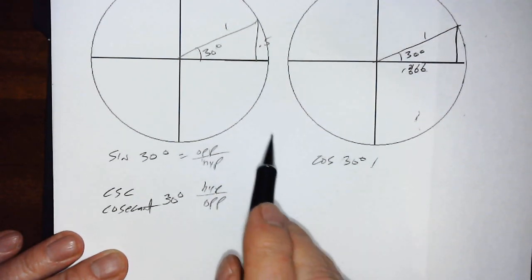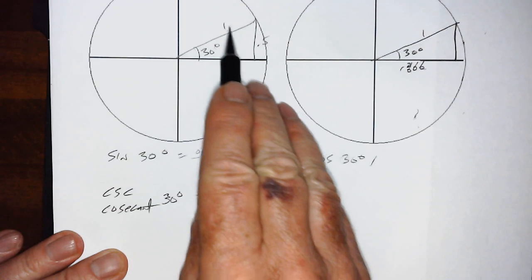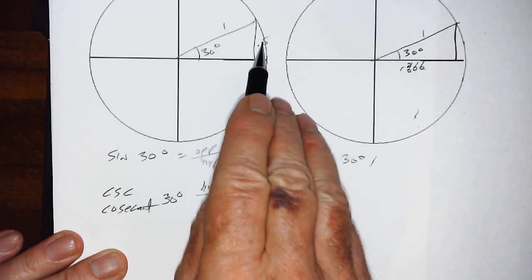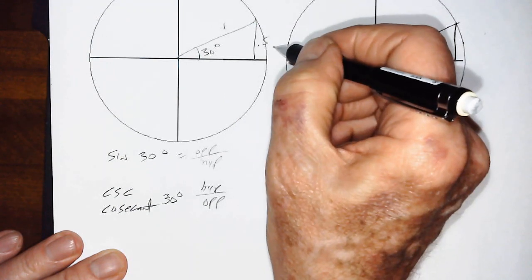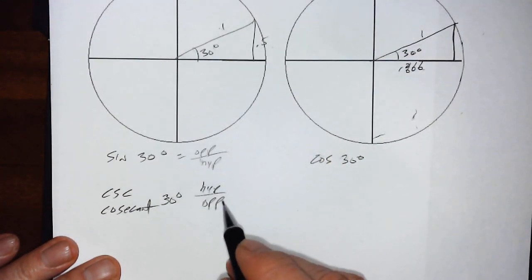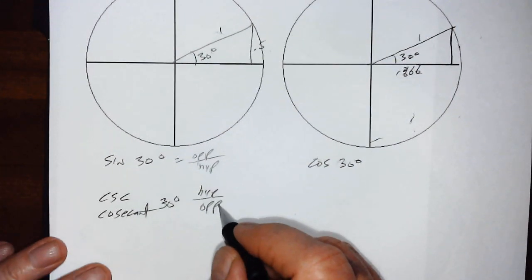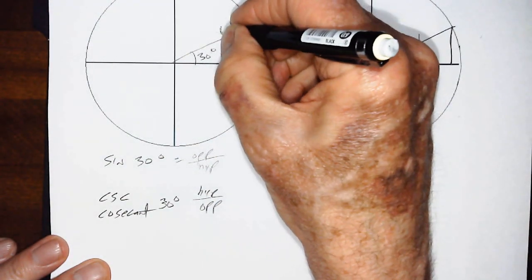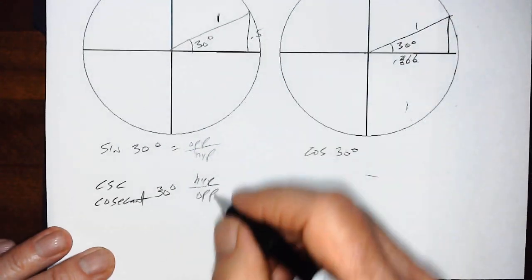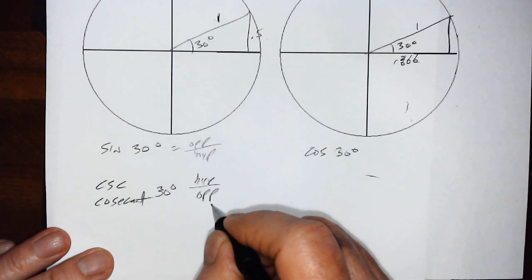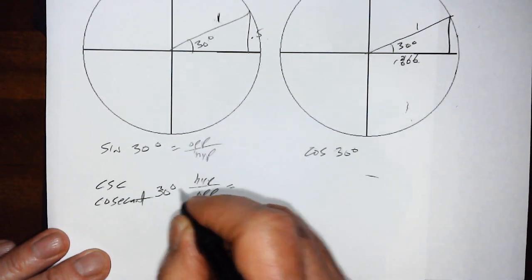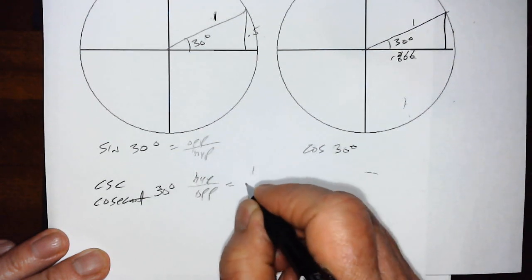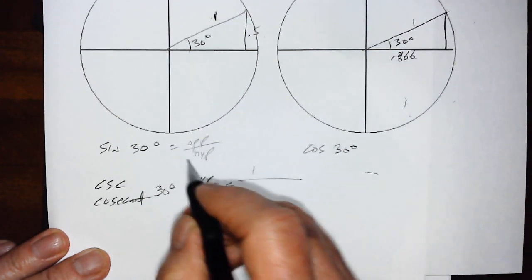In other words, instead of the opposite over the hypotenuse, it's the hypotenuse over the opposite. But another thing that we might want to use when we use numbers, the hypotenuse over the opposite is actually the same thing as 1 over the sine.